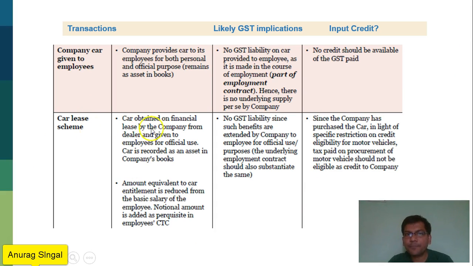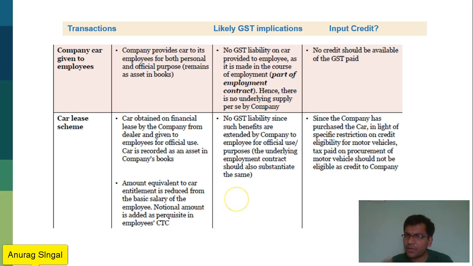Car lease scheme, company is obtaining on a financial lease a car from a dealer and giving it to the employee. The car is recorded as an asset in the company's books. It is just like a loan which the company has taken. So amount equivalent to car entitlement is reduced on the basic salary, and notional amount as per the income tax rules is added to the employee's salary as a perquisite.